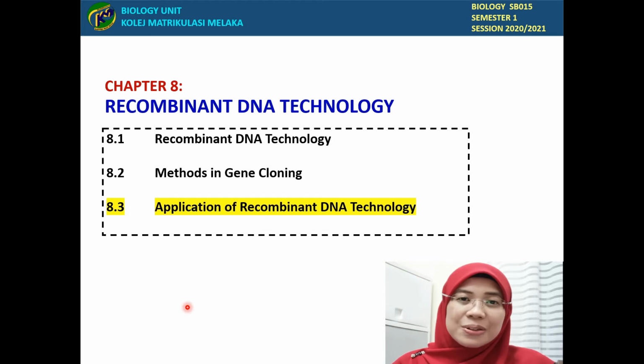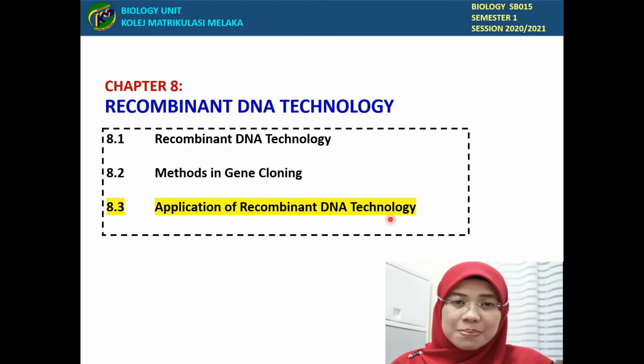Let us continue on the last subtopic of recombinant DNA technology, which is the application of recombinant DNA technology. The application includes the production of transgenic plant, transgenic animal, production of insulin, and production of GMO, genetically modified organisms.